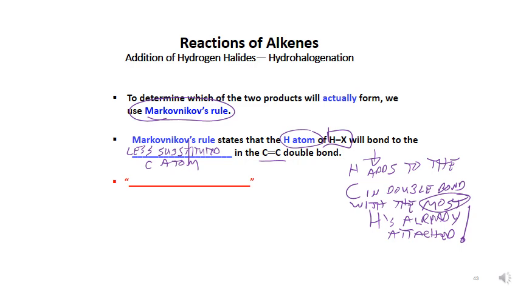So there's 2 ways of thinking about this as a way to remember it. One is that the rich get richer. That's the trickle-down economic theory doesn't really work in my experience. And so what that means is the rich get richer and the poor get poorer, which means that H's add to more H's.